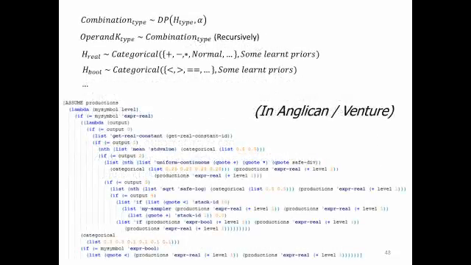For example, these are production rules written in Anglican or Venture. For each combination type, you sample from some process. For example, for real combinations, if your combination should return a real value, you sample from some categorical, which has plus, minus, multiply, normal.